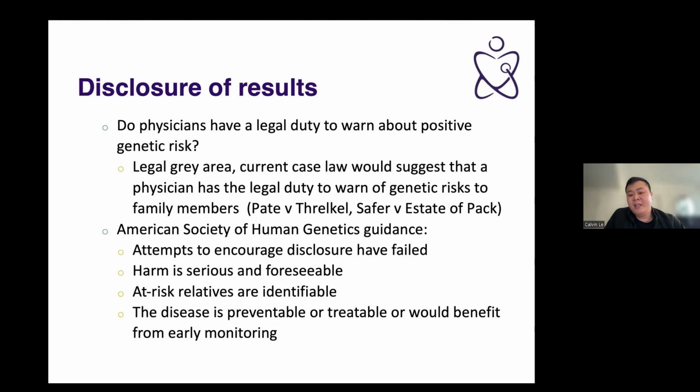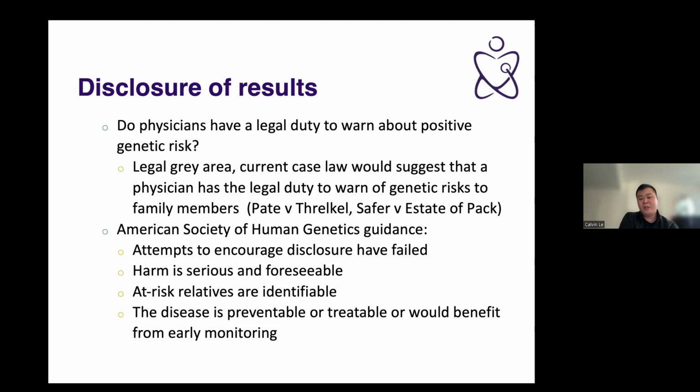The court's decision stated that physicians do have a duty to warn a patient's relatives, including children, about implications of testing. But the court decided that counseling the patient directly about these risks was sufficient to meet that requirement. So telling the patient that both they and their family members are at elevated genetic risk was sufficient in this case.